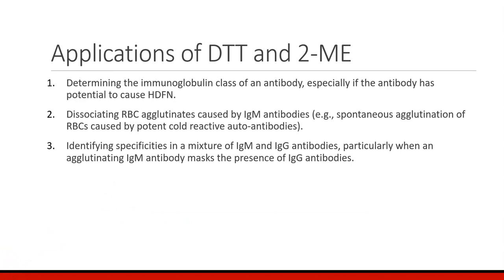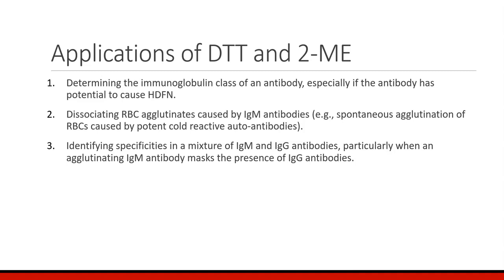There are 3 applications that I want you to memorize. Determining the immunoglobulin class of an antibody, especially if the antibody has potential to cause hemolytic disease of the fetus and newborn. Dissociating red cell agglutinates caused by IgM antibodies, for example, spontaneous agglutination of red cells caused by a potent cold reactive autoantibody.